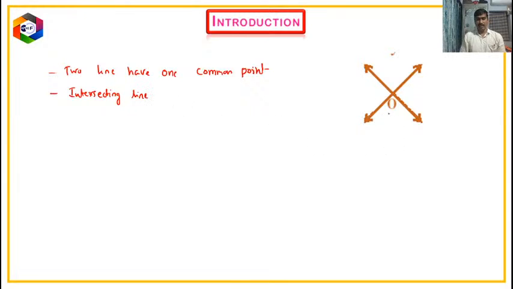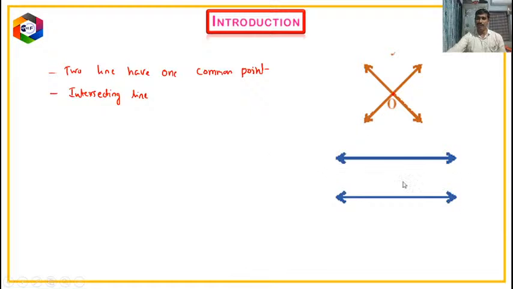Observe, children. Here are two lines which are drawn in the plane. The two lines may have a common point somewhere, and in that case we can say that the two lines are intersecting. Suppose the thing happens like this also. Suppose you draw the two lines like this, the two lines may not intersect in the plane.